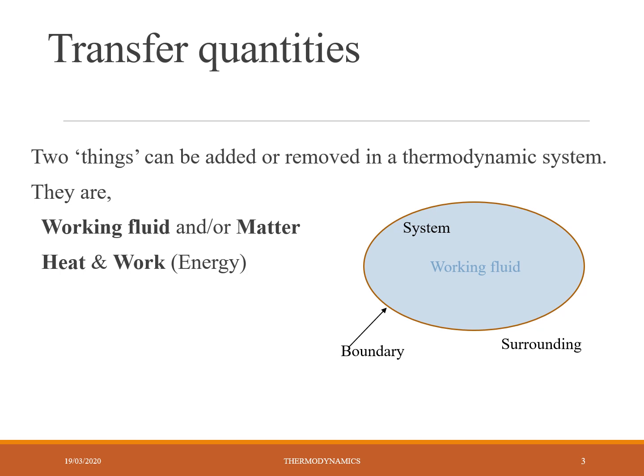Let us see transfer quantities or moving quantities. We should identify these transfer quantities. Two things can be added or removed in a thermodynamic system. That means two types that you can add or you can remove from the system.